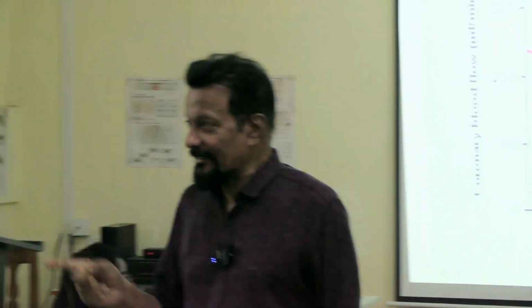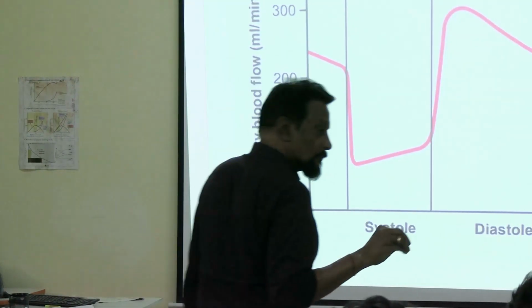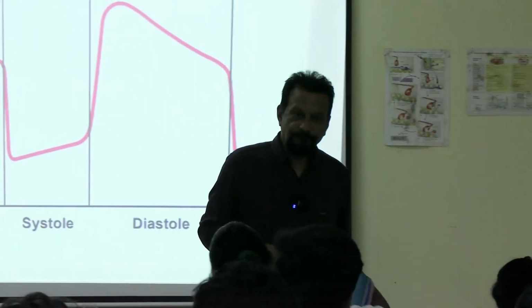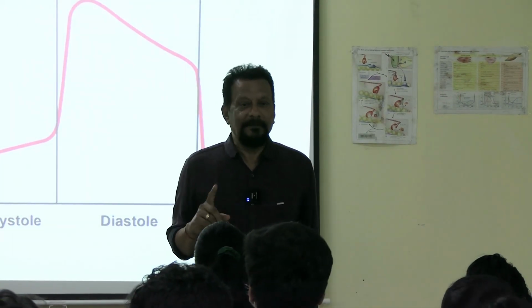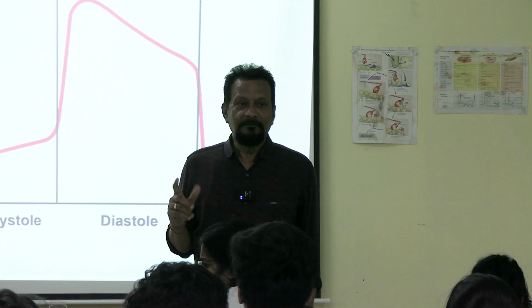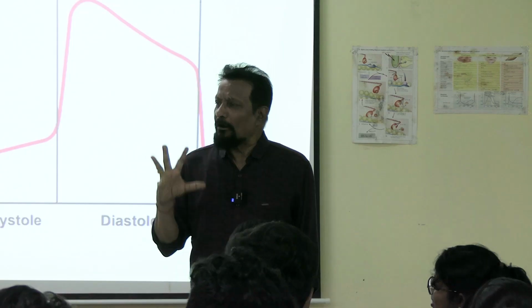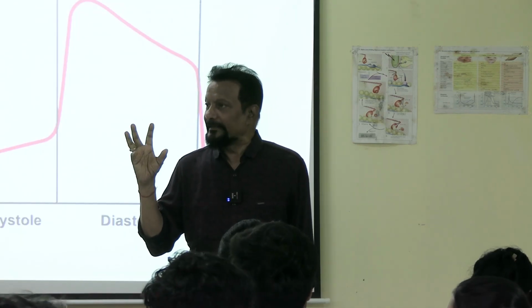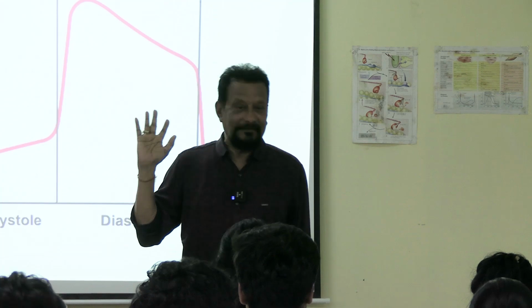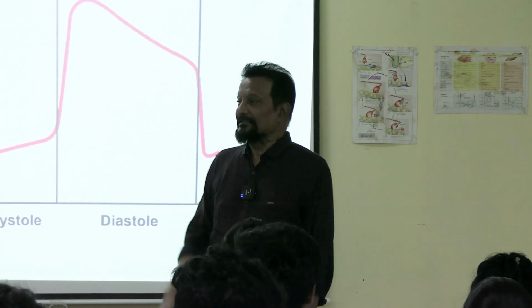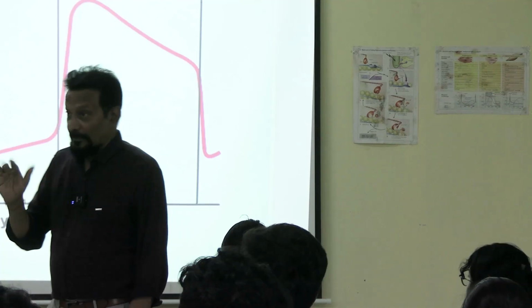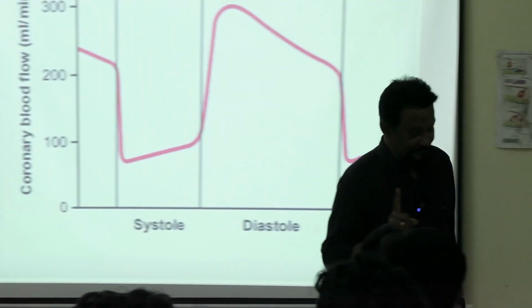Now, if your heart rate is 75 and your stroke volume is 70, what will be the cardiac output per minute? 70 ml into 75, approximately 5 liters. So our cardiac output per minute is 5 to 6 liters normally. Okay, we understood this. Next point.